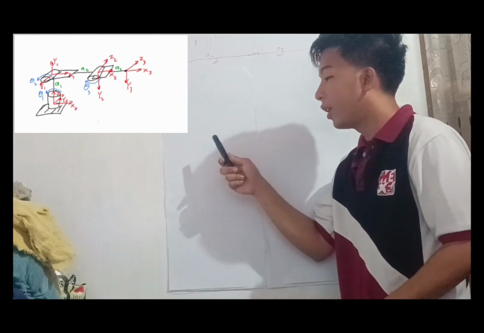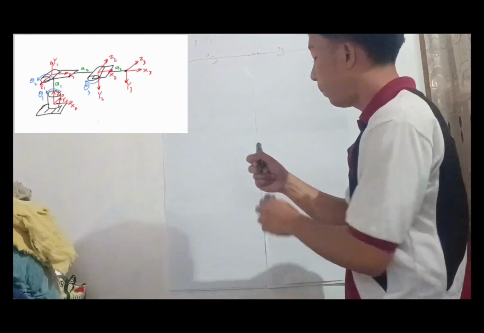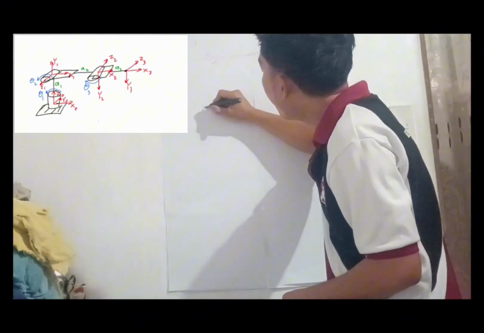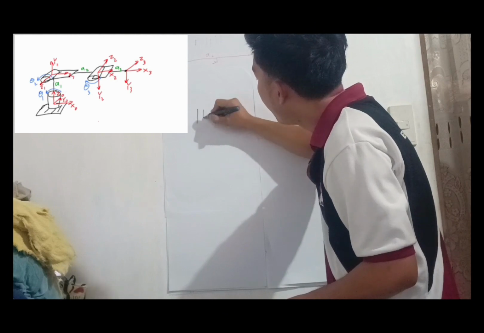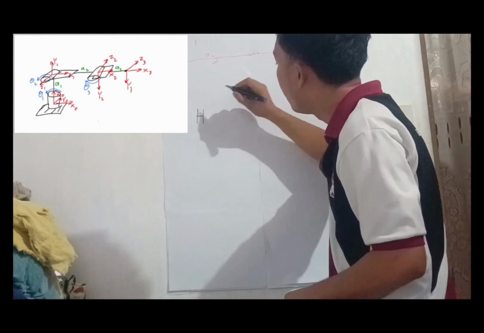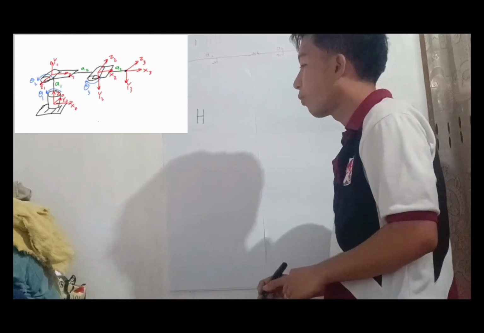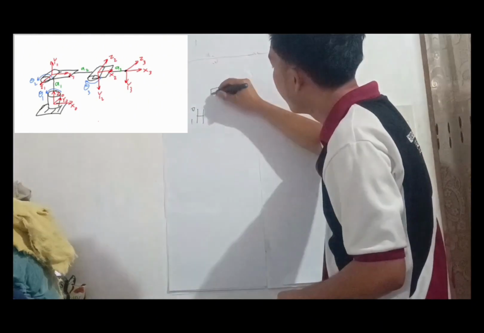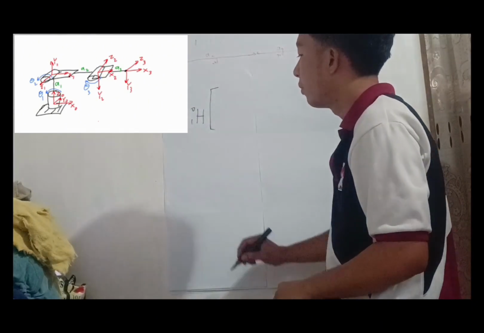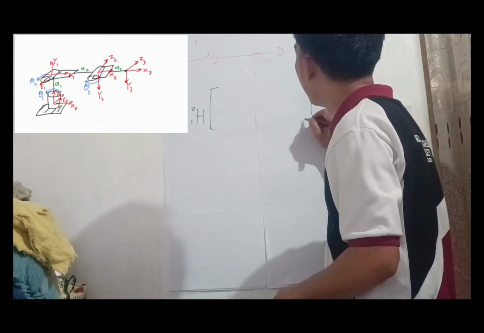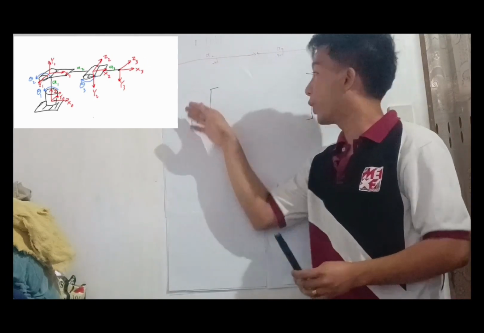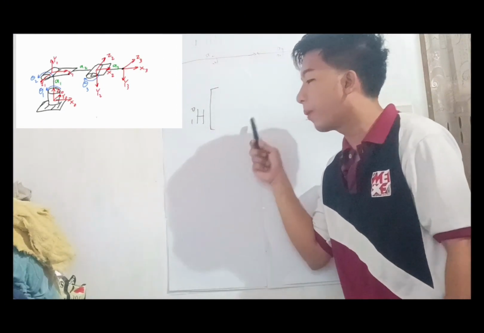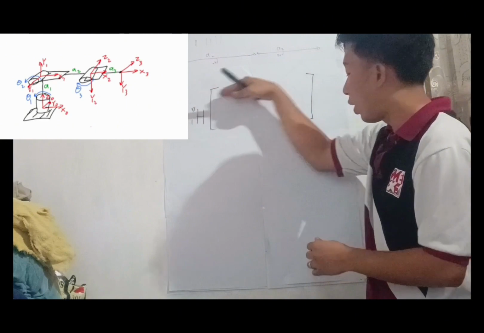So, for our H01, second row, based on the DH parameters, this is the first row.